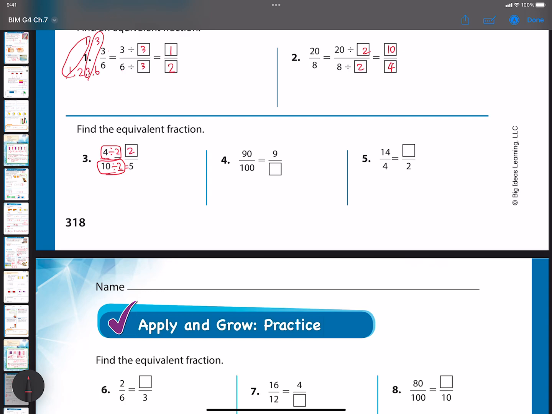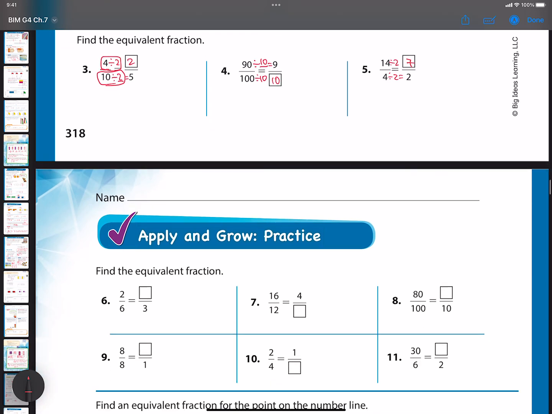All right. Now 90 divided by what is going to make 9? We know 10. That means you have to divide by 10 for the denominator too. That's going to be 9 over 10. 4 divided by 2 is going to make 2. 14 divided by 2 is 7. Now let's move on.